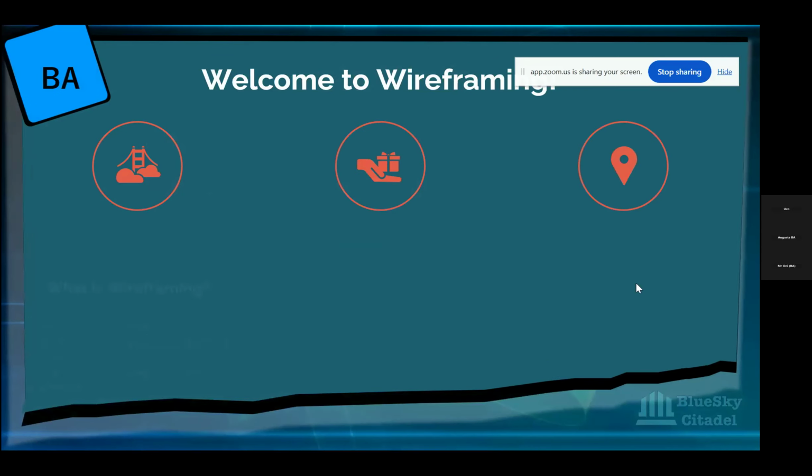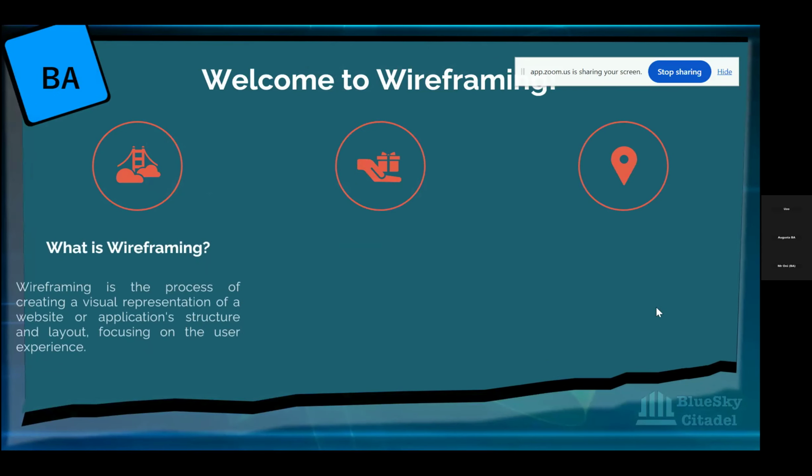Okay. So what is wireframing? It's the process of creating a visual representation of your website and the layout of your user story, usually for a software product. So it's usually a design or a website layout, just so that you can focus on the perspective of the user.